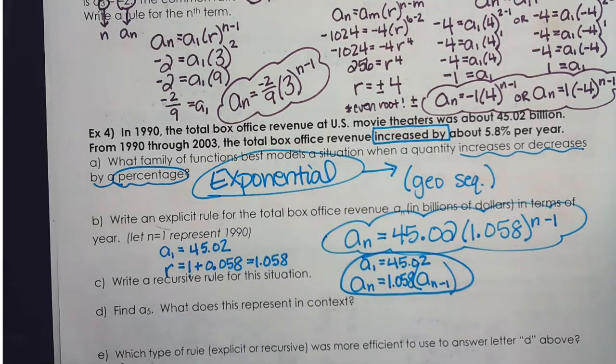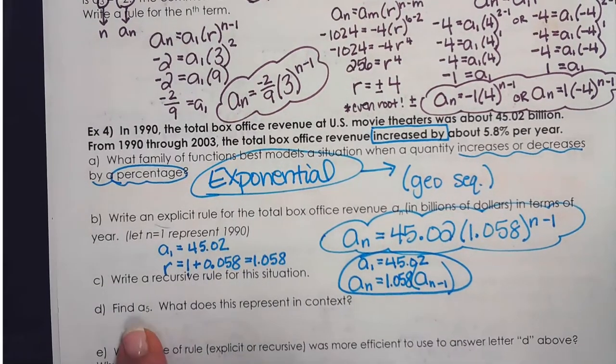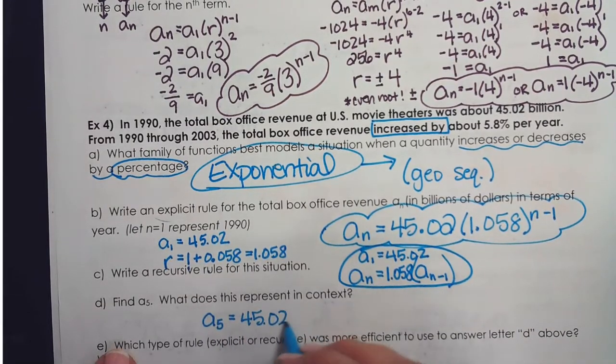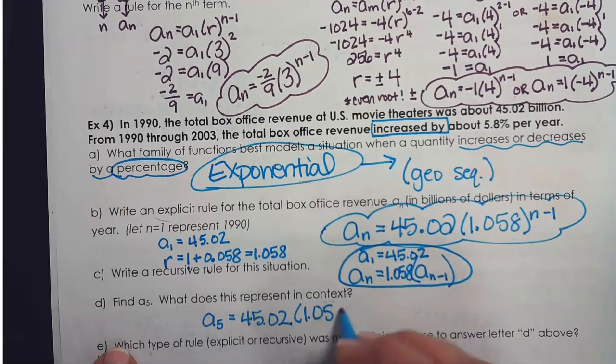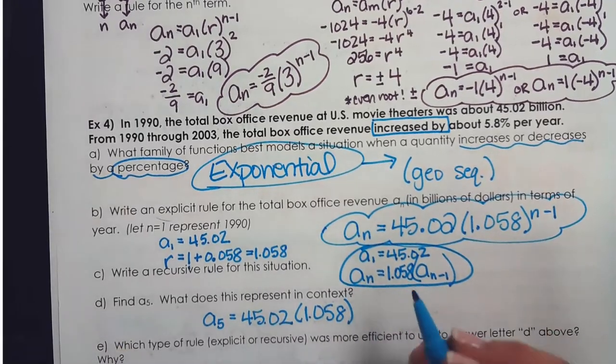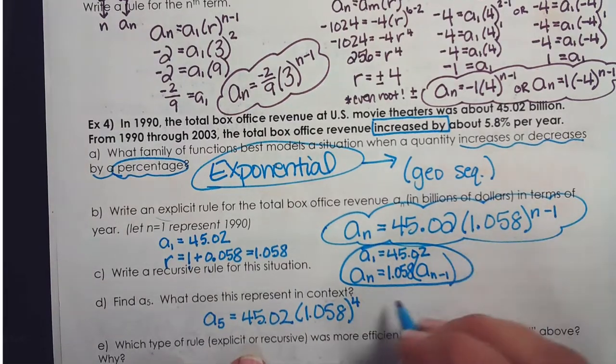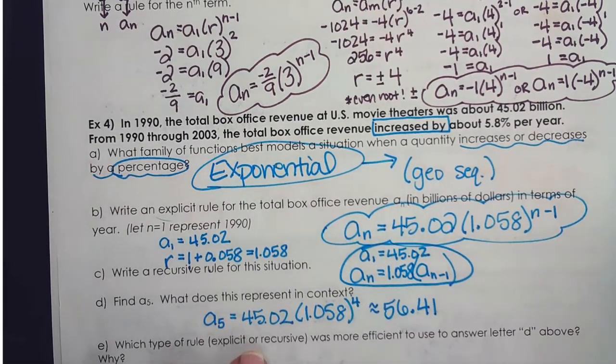What would we do to find a sub 5? Put it in. So what would our exponent be that we get here? 4. We get 4 as our exponent. And I'll tell you that this is about 56.41.